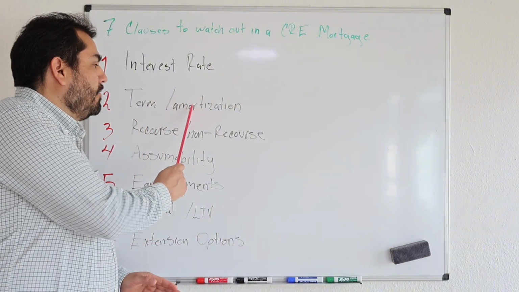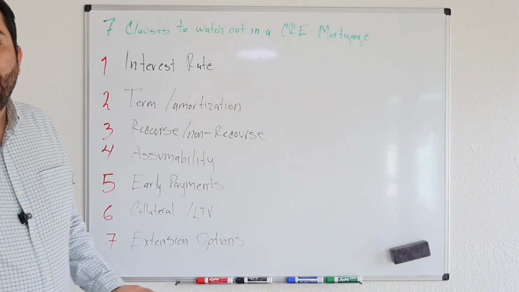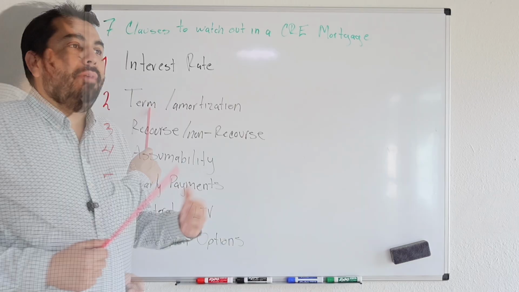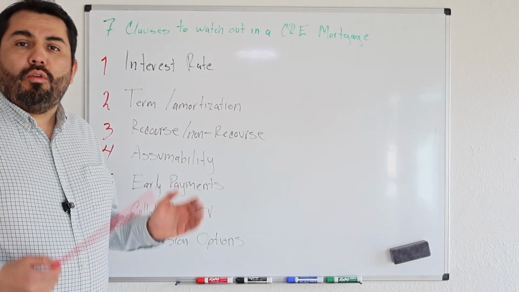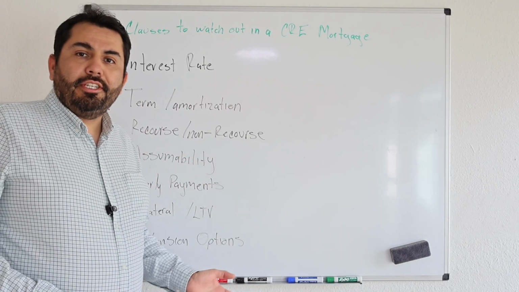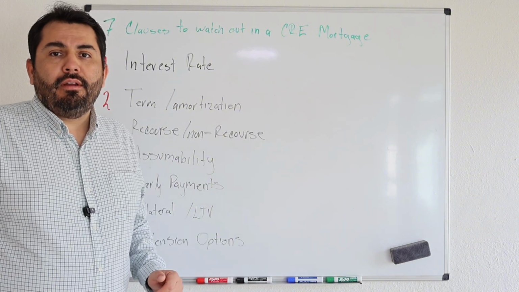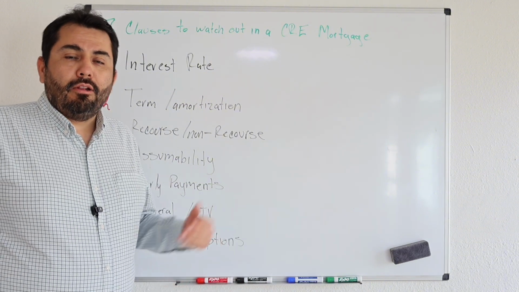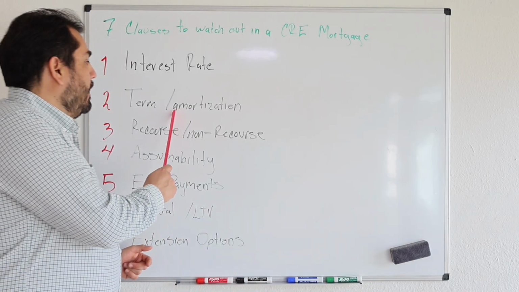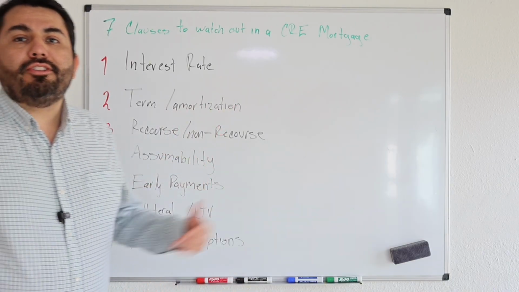But in commercial, these are different concepts, because it may be the case that the term of the loan is 10 years. Usually in commercial it's 5 to 10 years for an investment, for a long-term loan, and the amortization may be 30 years.